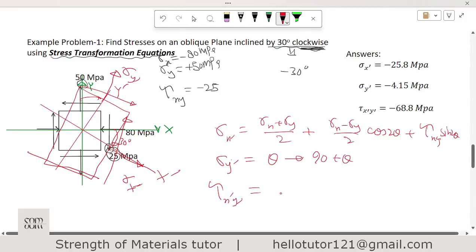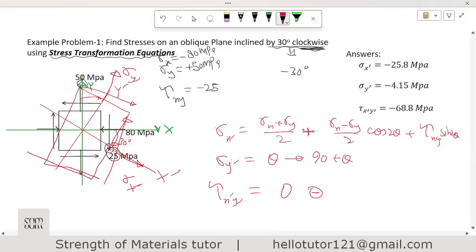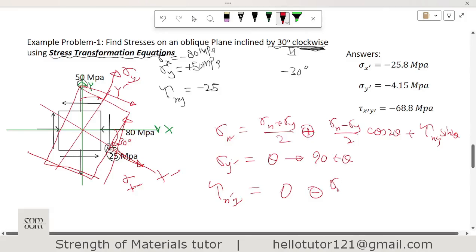The first term is 0, then we have negative (sigma x minus sigma y)/2 sine 2 theta plus tau xy cosine 2 theta.